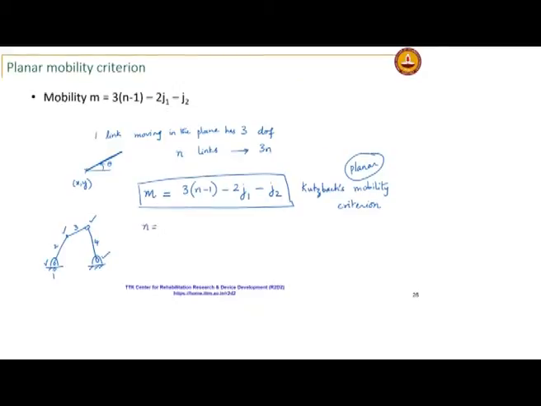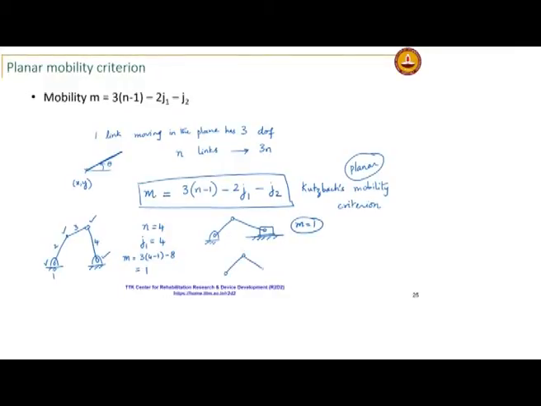So my n equals 4, J1 equals 4, and my mobility is equal to 1. Similarly for a slider crank, it is no different because the 4th joint is still a single degree of freedom joint, the planar joint. So I still have m equal to 1 for the slider crank.